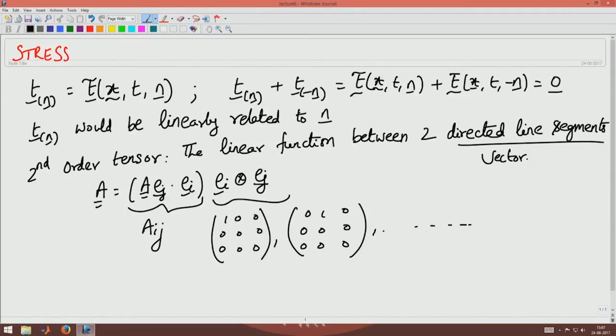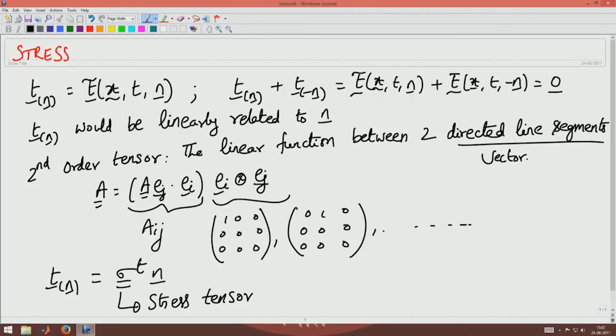In today's class, we said that T would be linearly related to n. We said that T of n would be linearly related to n, and that gives rise to the definition of stress. In particular, we define T of n to be related to n through a stress tensor, sigma transpose n. This is called the stress tensor.